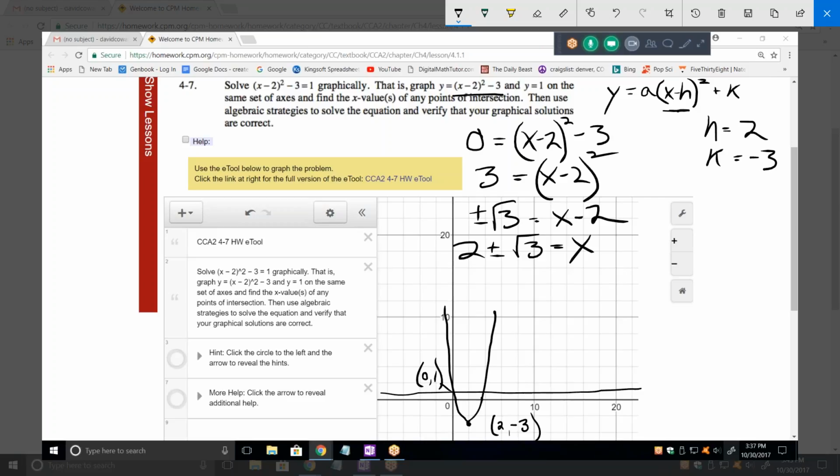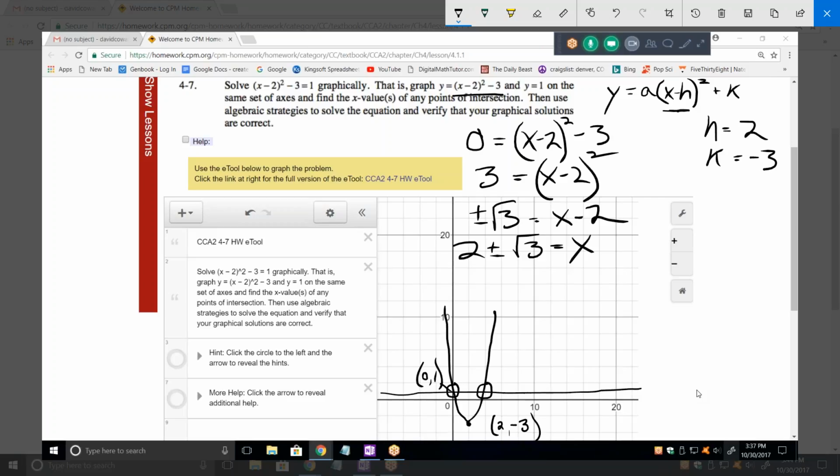Now, they want us to solve this problem using these points of intersection. Whenever you're solving equations graphically, wherever they're intersecting, that is the solution. Well, what do you think this first solution is?